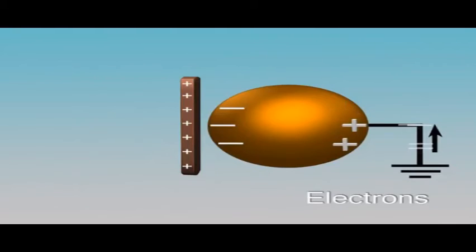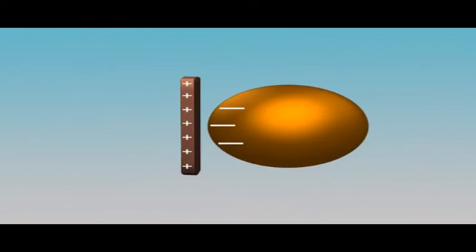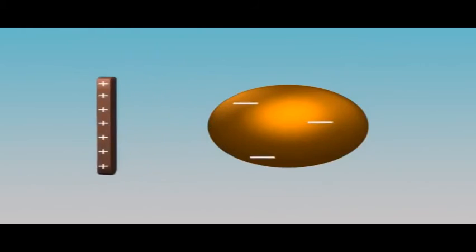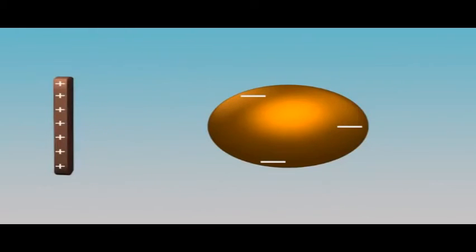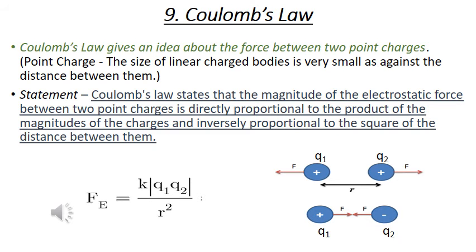The electrons from the earth flow in and neutralize the positive charge. The charged glass rod is now removed and the negative charge gets uniformly distributed on the conductor. This is electrostatic induction.